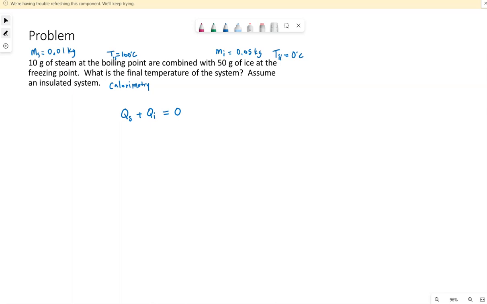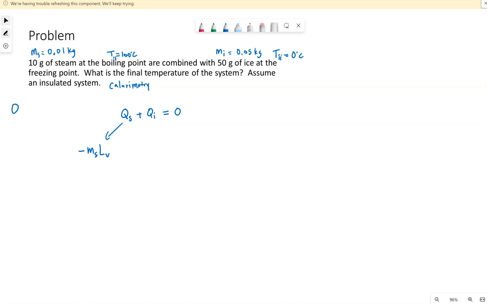All right, so the steam, as we take energy out of the steam, it is going to condense. It's going to change phase from the gas to a liquid phase. So the steam, we have to account for this change of phase of the steam.